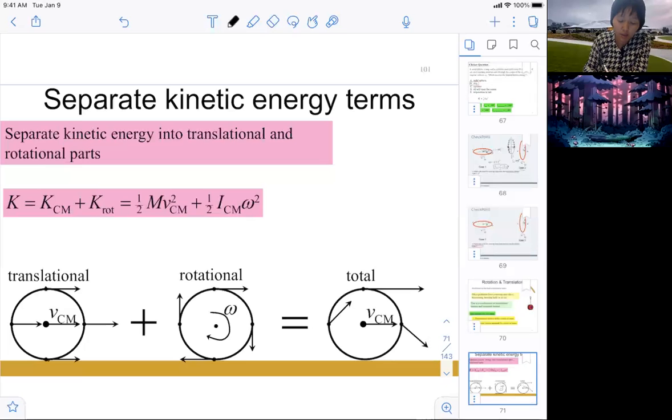Okay. Now, let's say you're standing on the rolling ball, this is a bowling ball. You don't really care that all the parts are moving forward. You're only caring relative to your own center of the mass, I'm spinning, right?